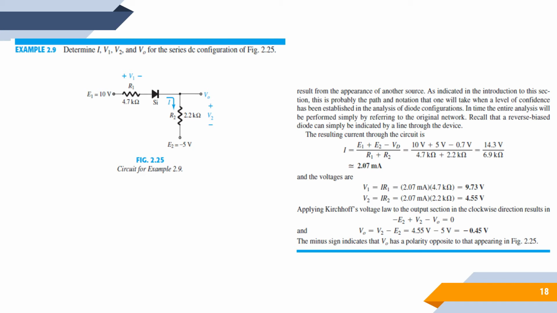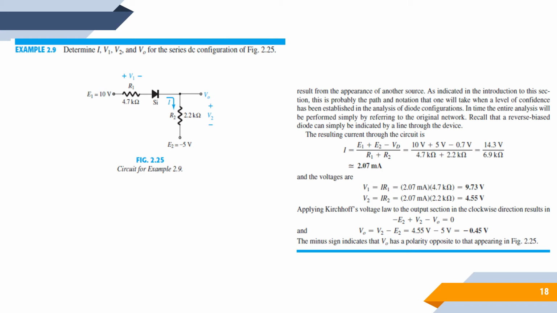So, I is equals to E1 plus E2 minus VD over R1 plus R2. Equivalent ito sa 10 volts plus 5 volts minus 0.7 volts over 4.7 kilo ohms plus 2.2 kilo ohms ay equal lamang sa 14.3 volts over 6.9 kilo ohms, is equals to I is approximately equal to 2.07 milliamperes.